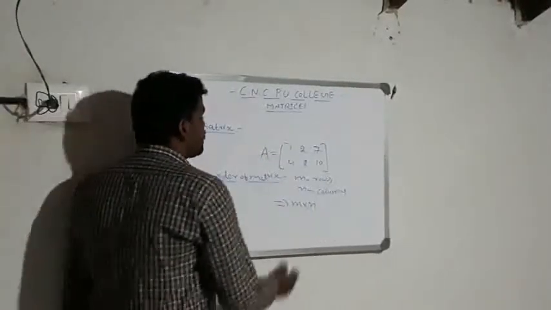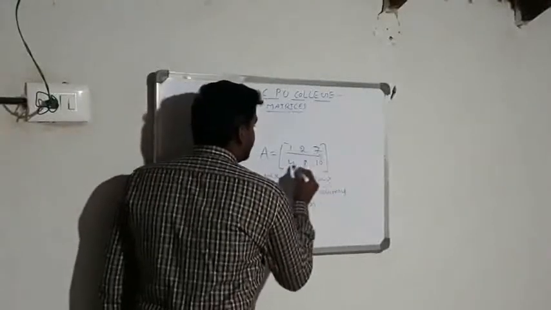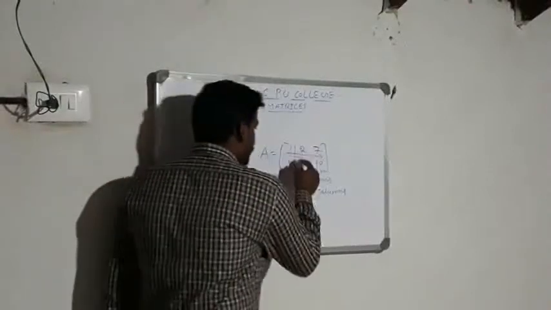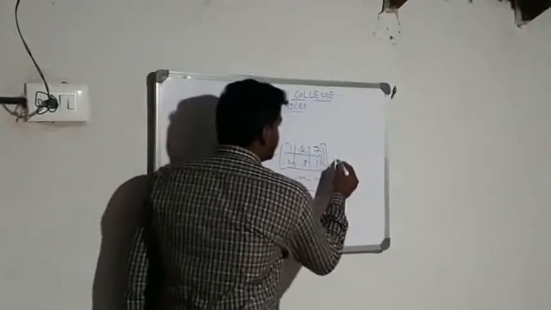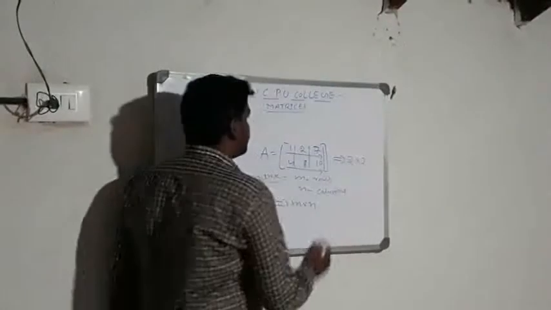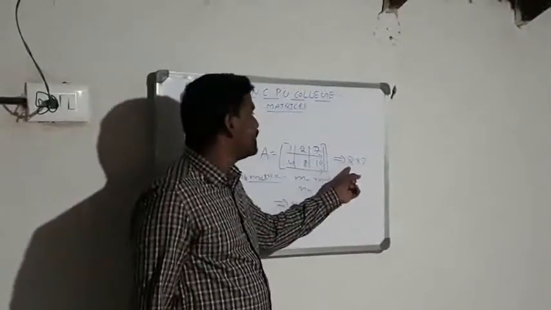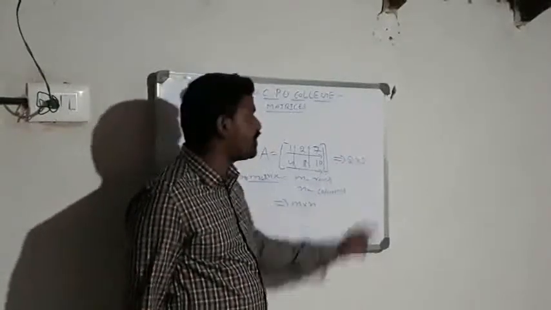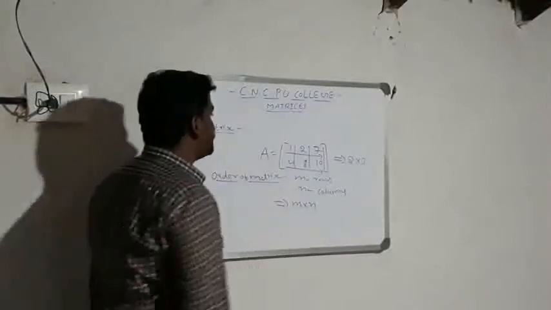In this example, matrix A has two rows and 3 columns. Then the order of this matrix is 2 cross 3. The first number denotes the number of rows, cross, the second number denotes the number of columns. Then the order of matrix A is 2 cross 3.